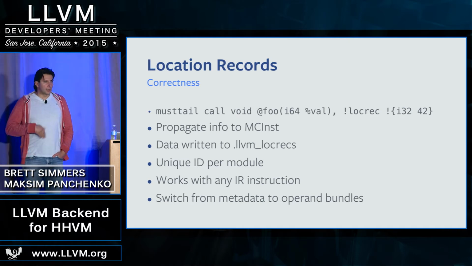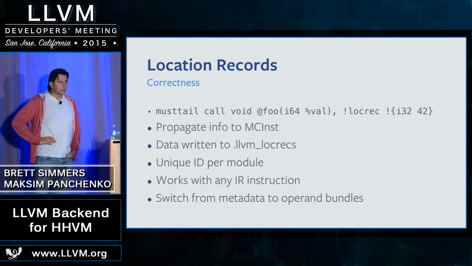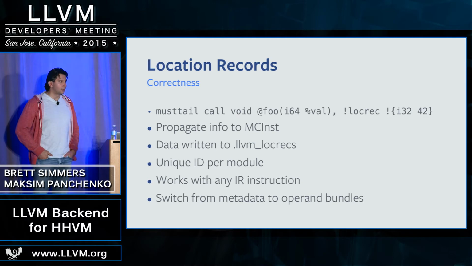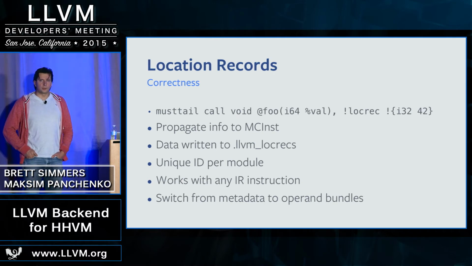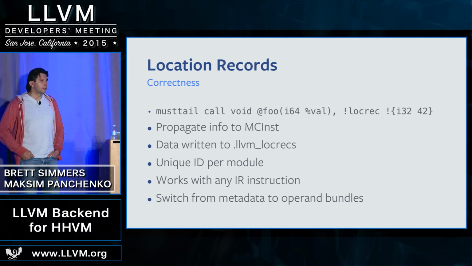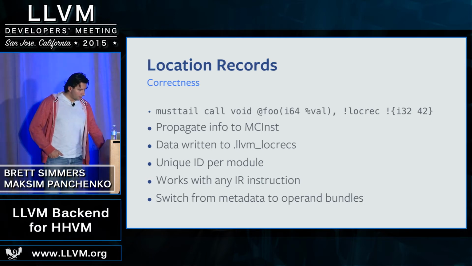And it gets propagated to assembly level. In the assembly, you'll see that several instructions will have this marker next to them. But also, during code generation, we write a special section, the LLVM locrec, which our runtime will read and identify the call sites.